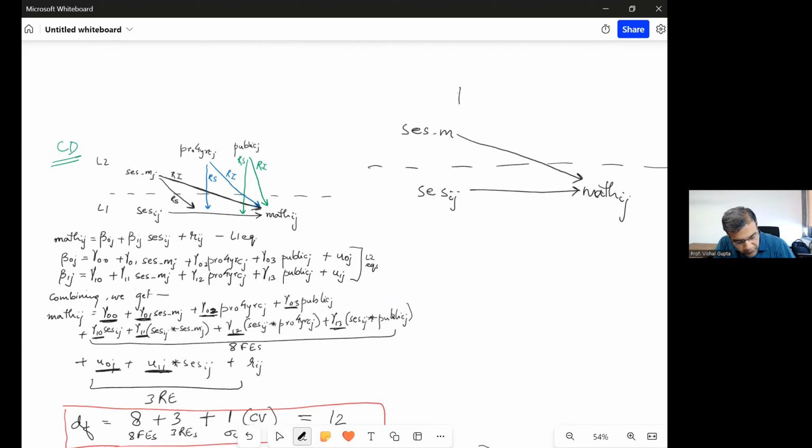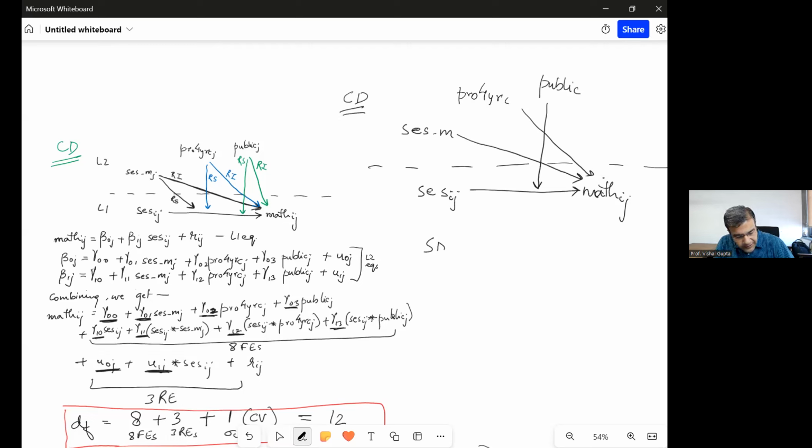Then you have pro 4-year, you have only a direct effect. There is no moderating effect. And then you have public, there is actually no direct effect. For public, there is actually a moderation effect.